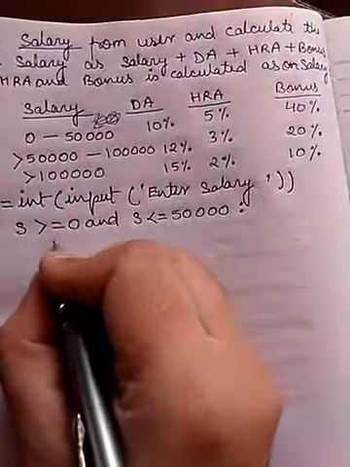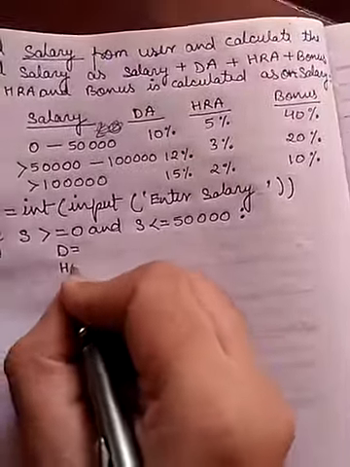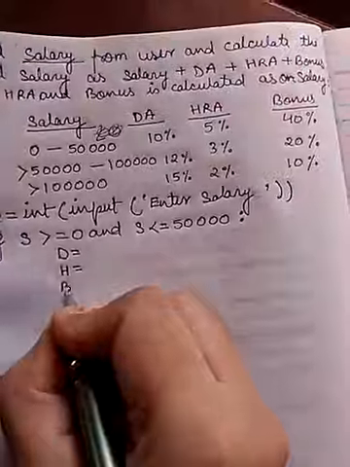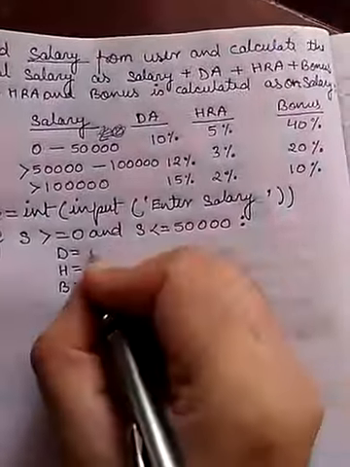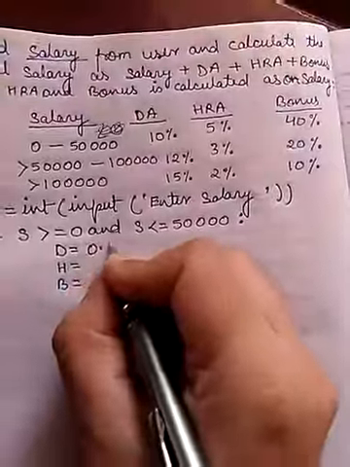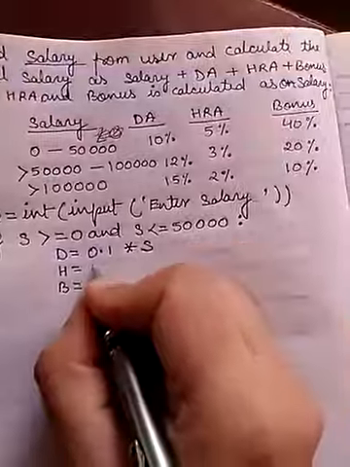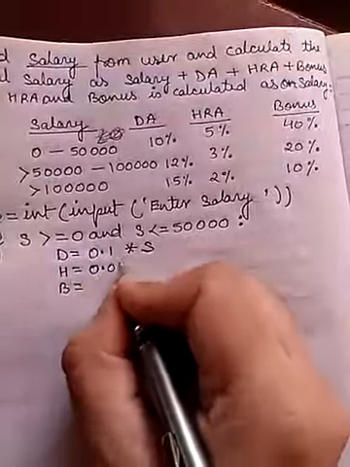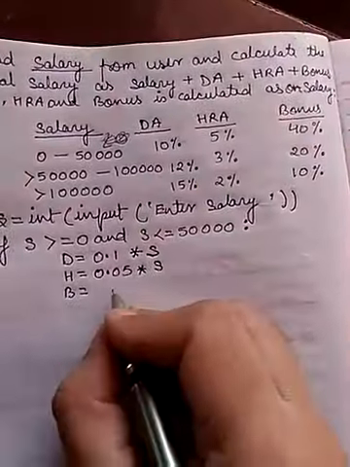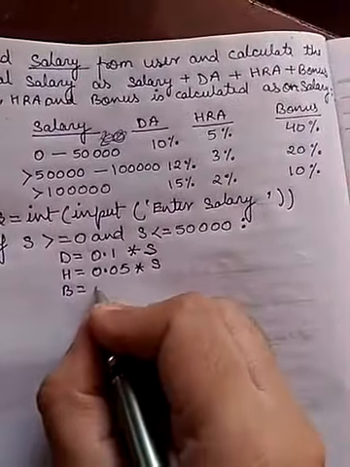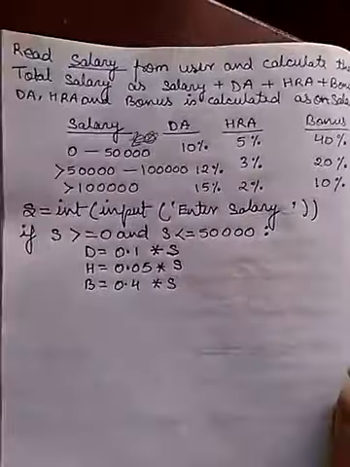That's why I am taking the variable D for DA, H for HRA, B for bonus. DA is 10% of salary. HRA is 5%, 0.05 of salary. Bonus is 40%, 0.4 into salary.